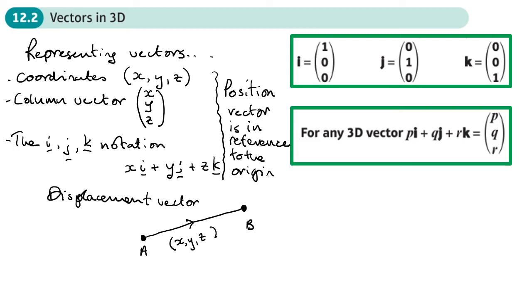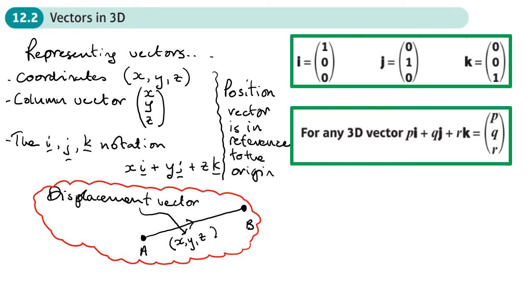So it's how we get from one place to another. A displacement vector is not the same as a position vector. A position vector tells you where you are, what point you are in reference to the origin, whereas a displacement vector is how you get from one point to another. And we're going to look at some examples of displacement vectors in a moment.